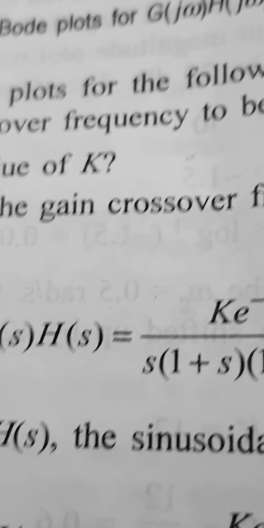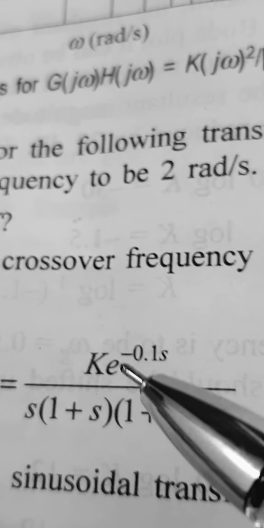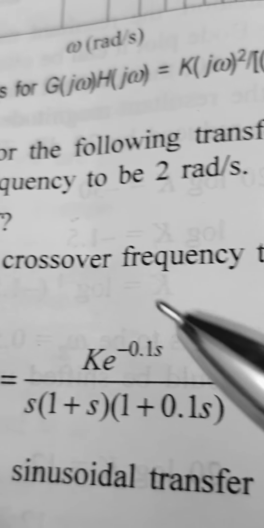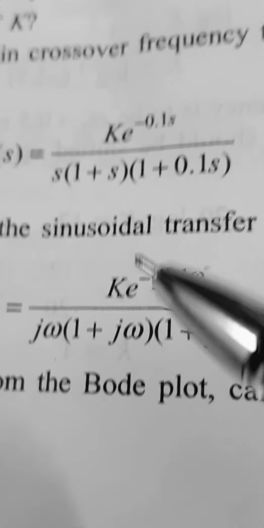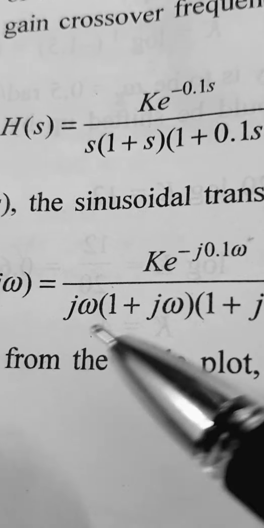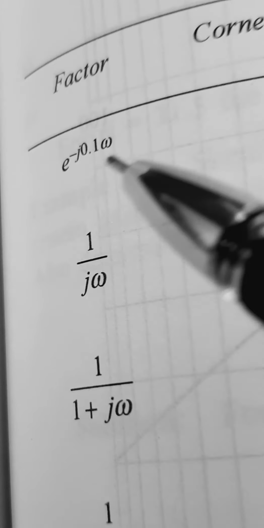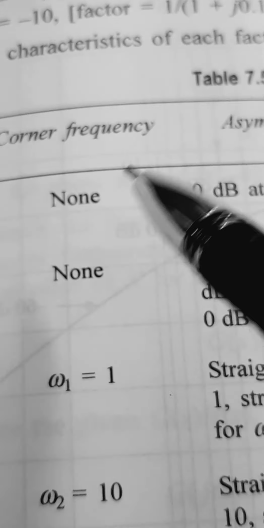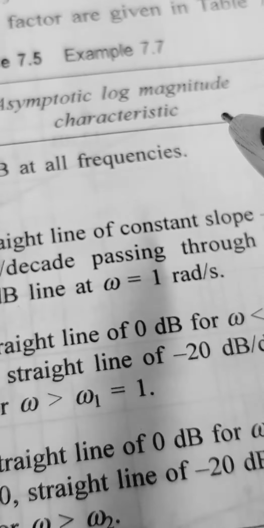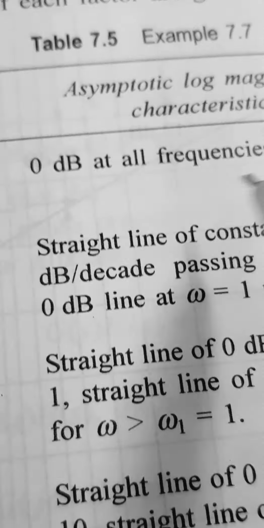So here, when you are calculating the factors, k you are considering as 1, then 1 by j omega, then 1 divided by (1 plus j omega), 1 divided by (1 plus j 0.1 omega), and e to the power of minus j 0.1 omega. For the time delay factor, there is no corner frequency, and the asymptotic log magnitude characteristic is 0 dB at all frequencies.